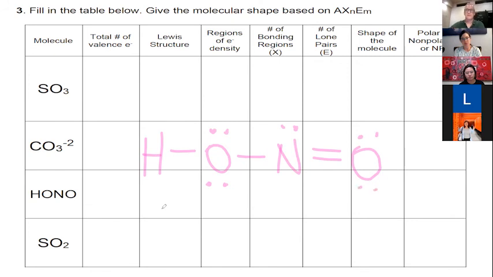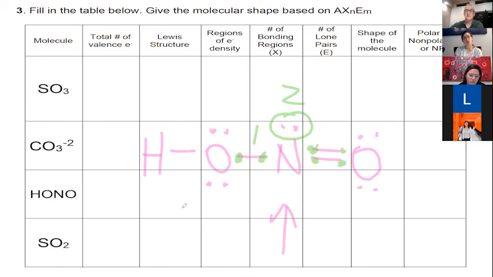The central atom we are considering to be nitrogen. So we look at where in space we are going to find electrons around the nitrogen. Well, we're going to find them in three places. One, this single bond, that's one region. Two, this lone pair. And three, this double bond.